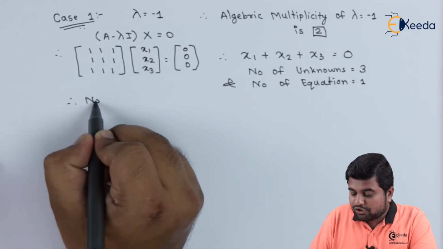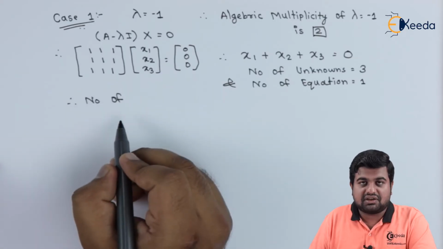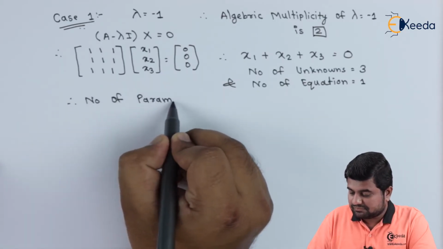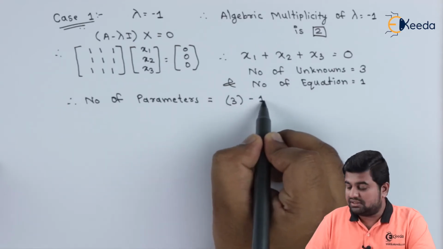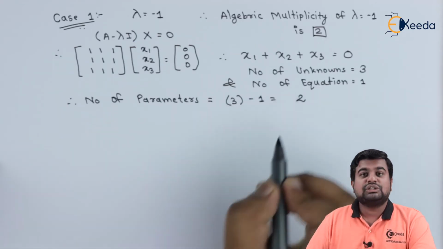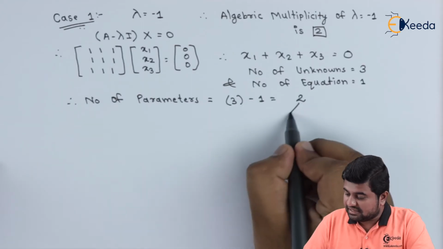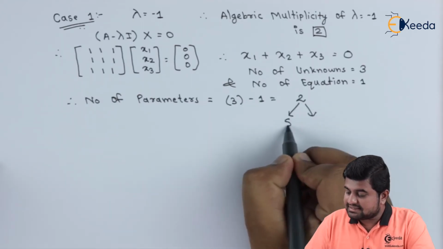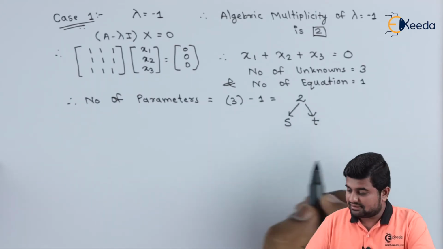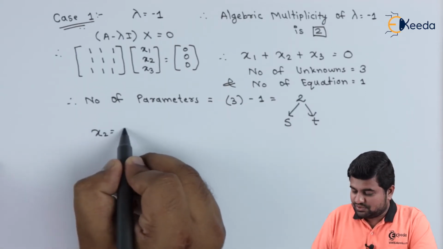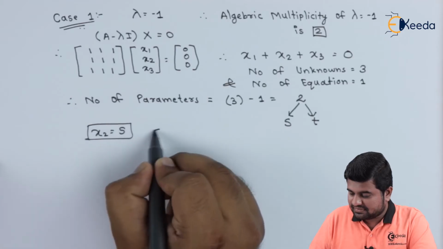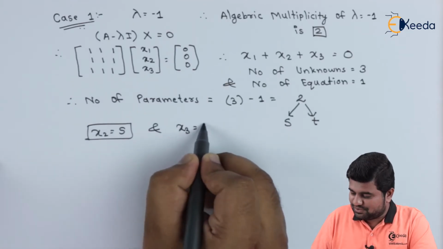Therefore, the number of parameters which we will require is equal to 3 minus 1, which is 2. So let's take two parameters, that is s and t. Let us consider x2 is equal to s and x3 is equal to t.